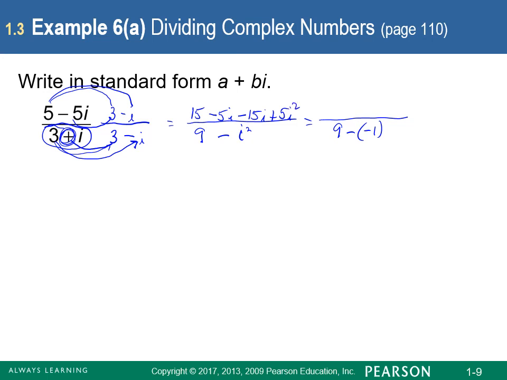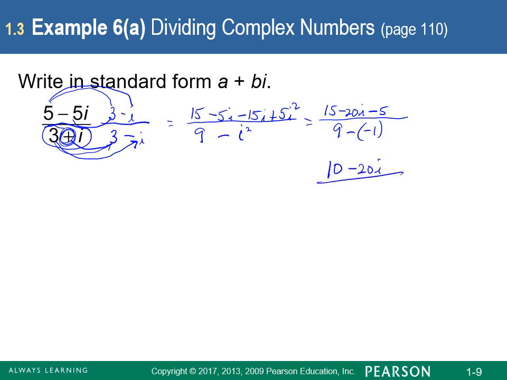And of course, we do the same thing we've been doing. Put the two negatives together, and that would be 15 minus 20i, and then plus 5i squared. Now, i squared is a negative 1, and 5 times negative 1 would be minus 5. So that comes out 15 minus 5, which is 10, minus 20i.